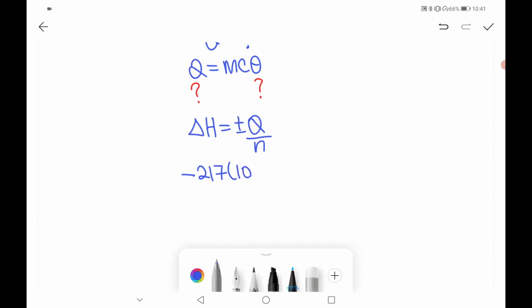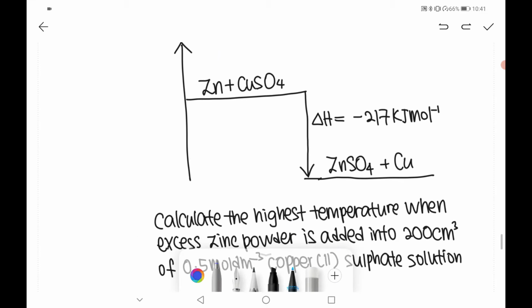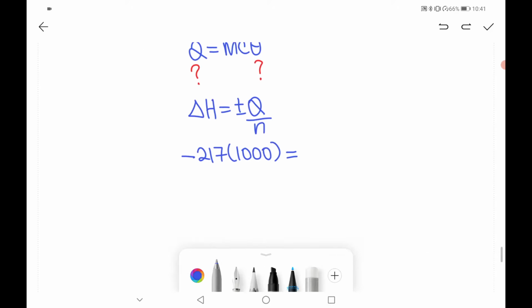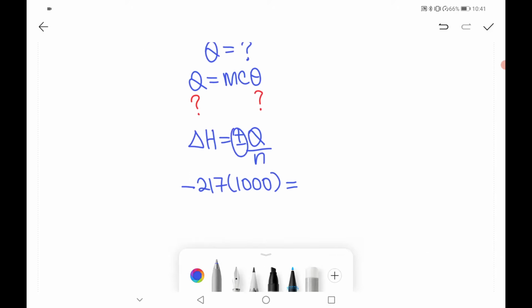Then plus minus depends on exo or endo. In this reaction the delta H is negative, and negative means exo. So for exo we put negative here.